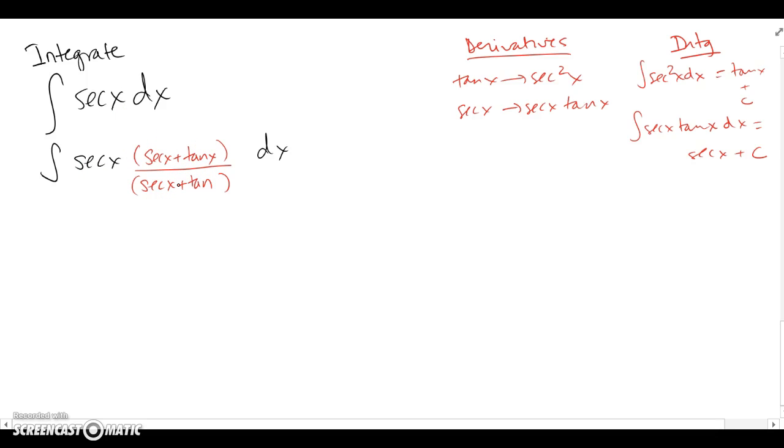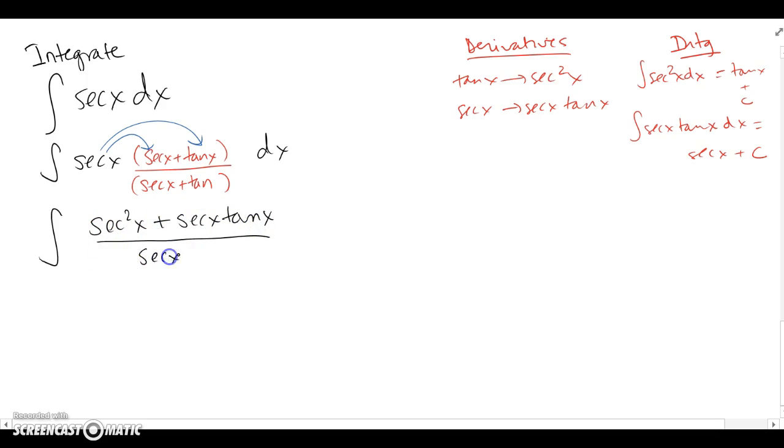And now we're going to go ahead and distribute and write it as a numerator and a denominator. That'll give me secant squared x upstairs plus secant x tan x. That's something nice that I recognize. So this we like, and this we like as far as integrals are concerned, over secant x plus tan x.